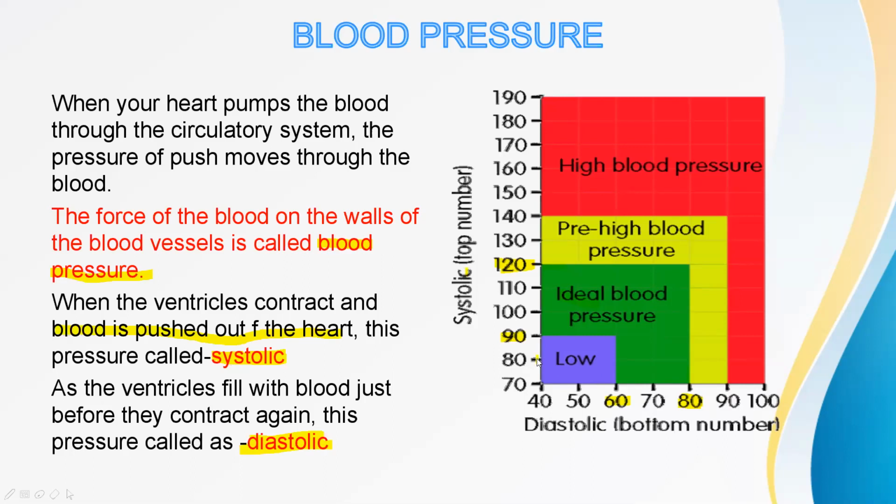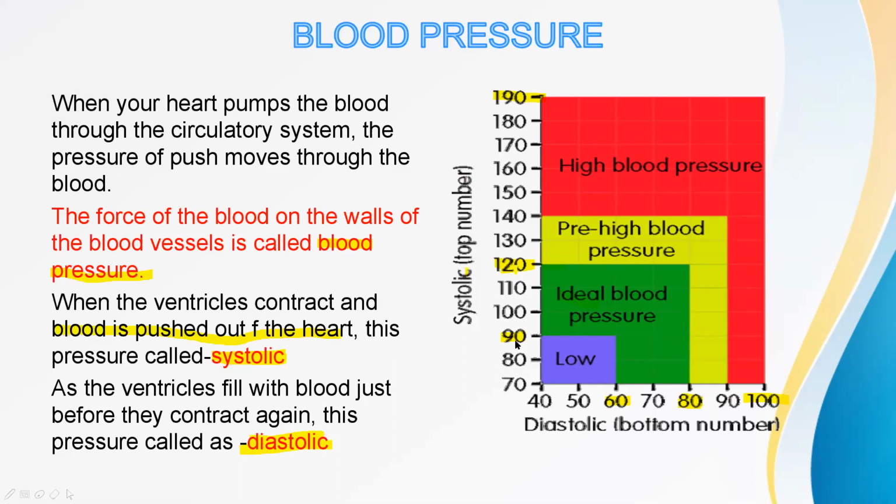And if the systolic pressure is 190 and the diastolic pressure is 100, it's high blood pressure, meaning your heart is working more than normal, pumping a lot of blood. So this kind of blood pressure indicates how your heart is working.